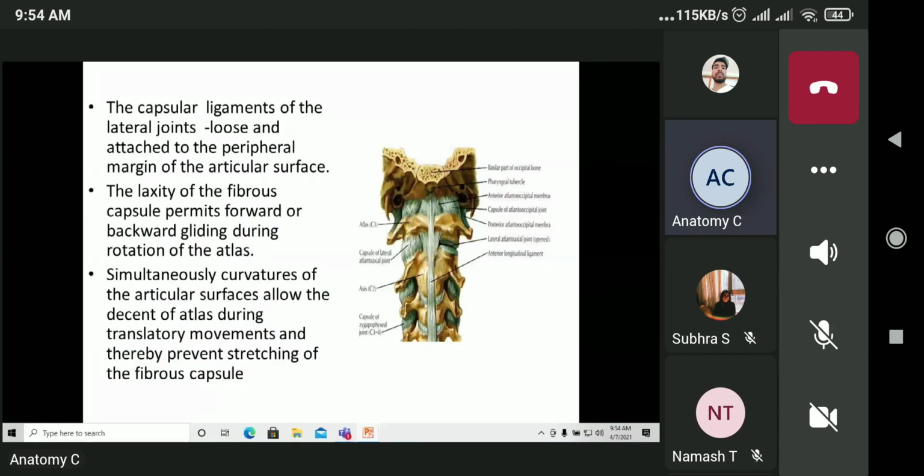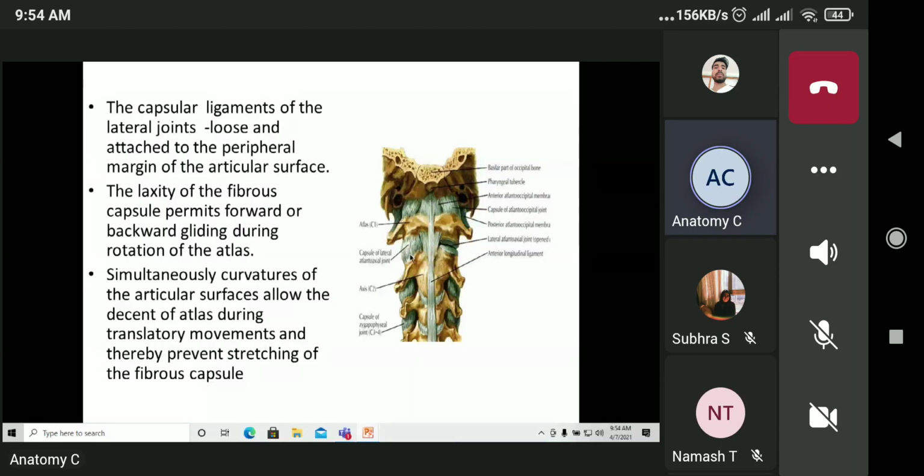Capsular ligament. Look here, this is the capsule, the capsule of this lateral atlantoaxial joint. The capsular ligament of the lateral joint is loose and attached to the peripheral margin of the articulating surface. The laxity of the fibrous capsule permits forward and backward gliding during rotation of the atlas.